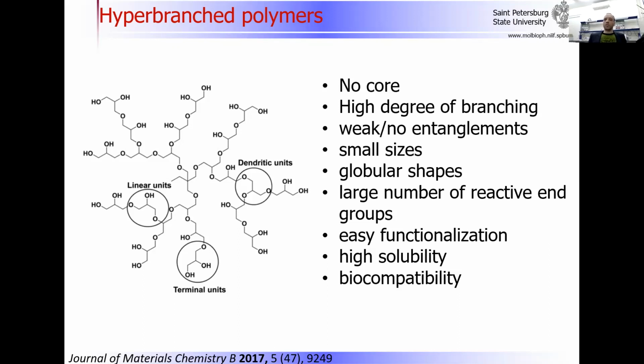Those macromolecules are considered very promising as drug delivery devices.